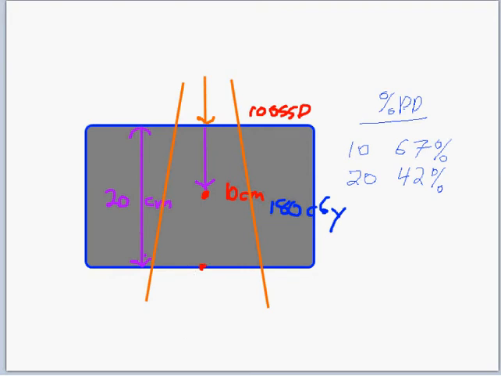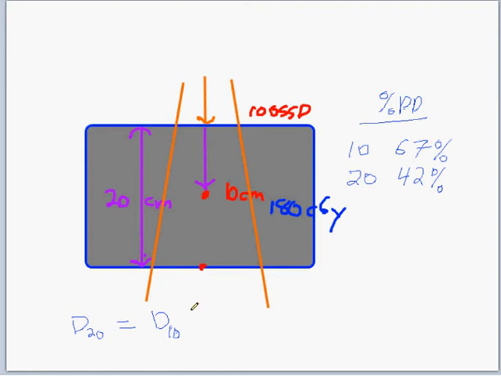Well, this problem is actually exactly the same as the last one. In other words, the short way to do this would be, again, I went through the math in the last one, but this is going to be that the dose at 20 centimeters is going to be equal to the dose at 10 centimeters times the ratio of those percent depth doses.